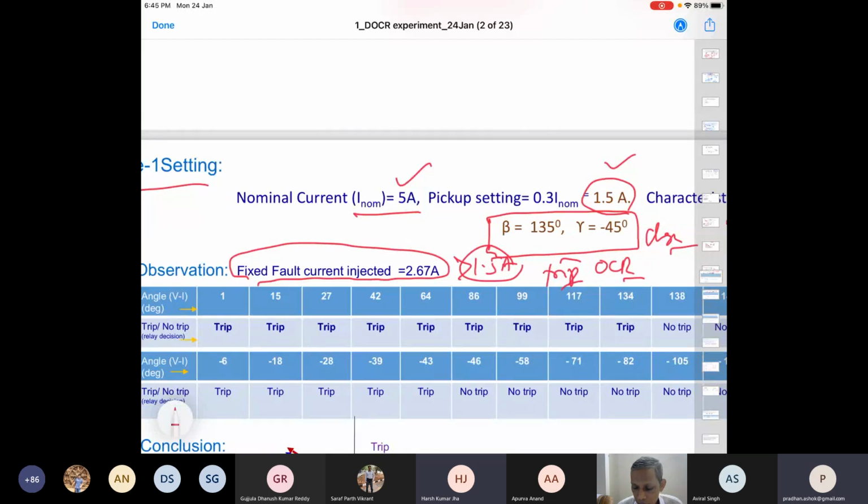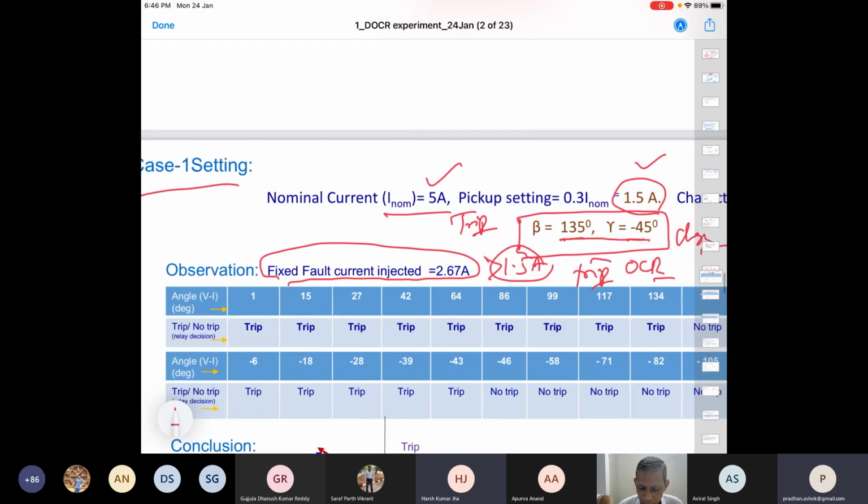This relay should trip if the angle is from 135 degrees to minus 45 degrees. Agree? That is the setting we have done for the forward looking side. So the relay will trip, that is, directionality is satisfied on the forward side, if the angle ranges from 135 to minus 45. We will check that. This is the angle part. At 1 degree, 15 degrees, 27 degrees, everywhere it is tripping.